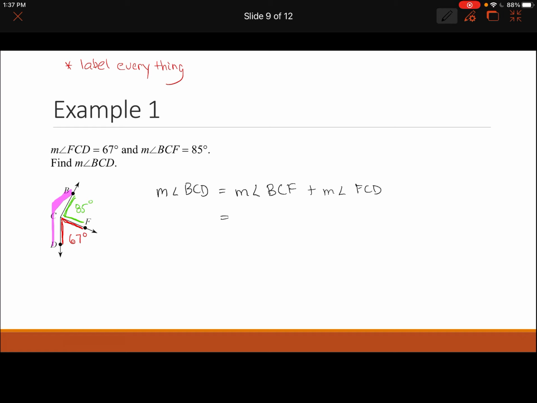And so the measure of angle BCF, that's 85 degrees, and the measure of angle FCD is 67 degrees. So we can just add those 2 values together, and we will get 152 degrees. All right, so the angles are adjacent. We just add their values to get the biggest angle, and we're done.